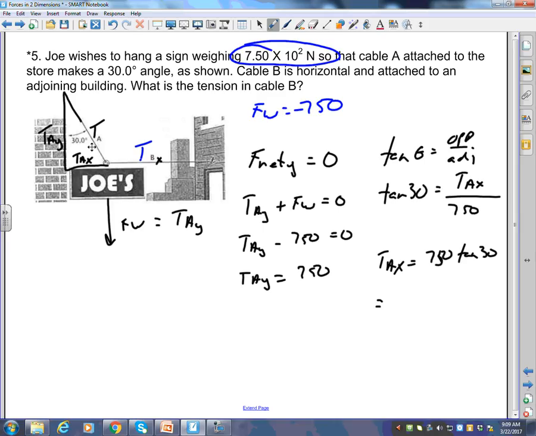That's 433. Therefore, tension in B is also 433.